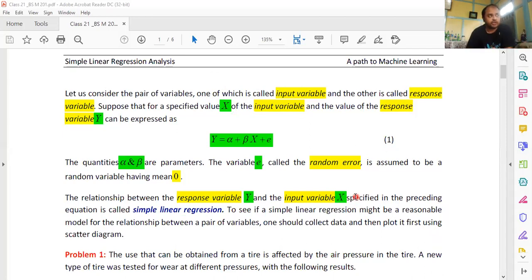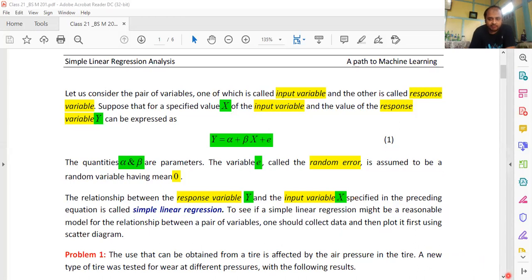And the curve, you actually know, is called a scatter diagram. So often when we set the values of the response variable and input variable in the software, the software gives us the curve called scatter diagram, and by looking at the scatter diagram, we come to know whether they bear any sort of relationship between them or not.